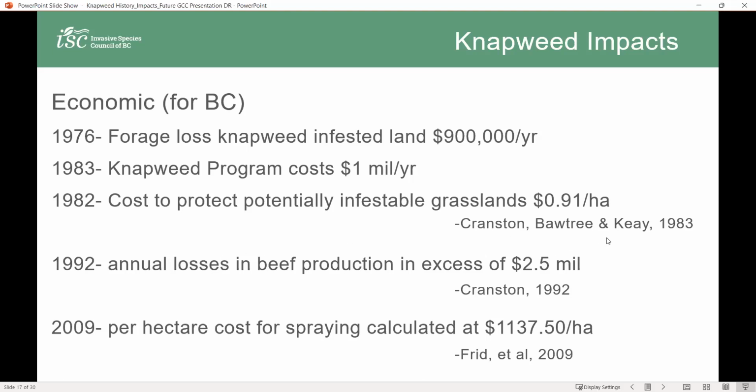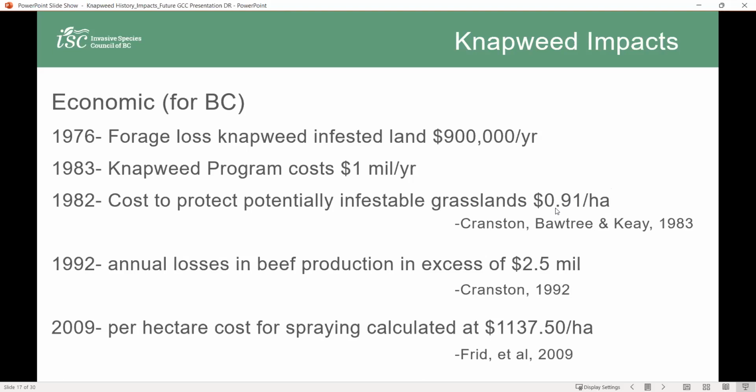Roy Cranston and Alf Botry and Roger Keep did some economic studies in '82 and figured that the cost to protect potentially infested grasslands would be 91 cents a hectare. That doesn't sound like very much, but on open grasslands and grazing lands that are native and so forth, that can amount to quite a bit of money.